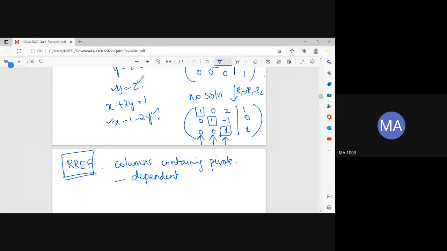If there is an independent variable, then the other two cases arise. Whenever you have a 0 row and the corresponding entry is also 0, then there is a solution. And if there is a solution, there will be infinitely many solutions if we have an independent variable.